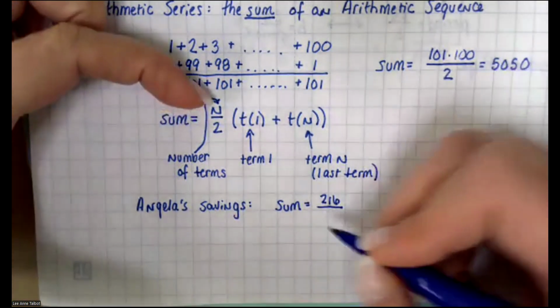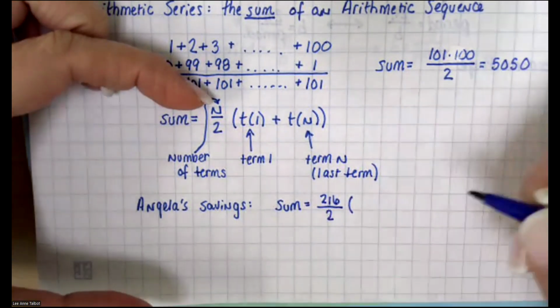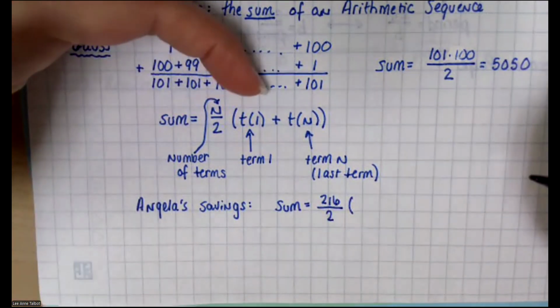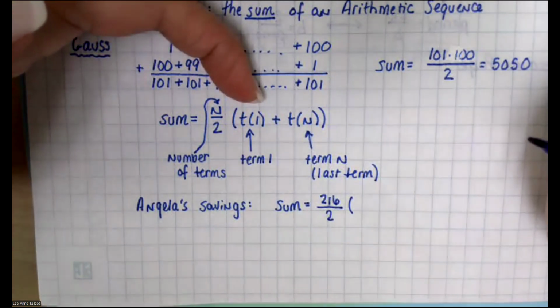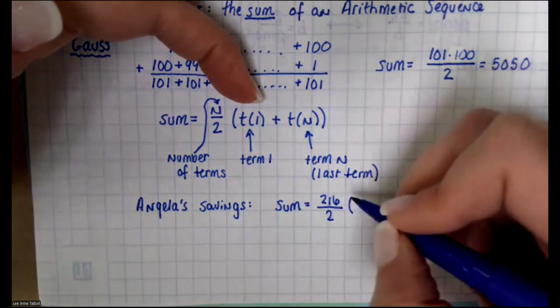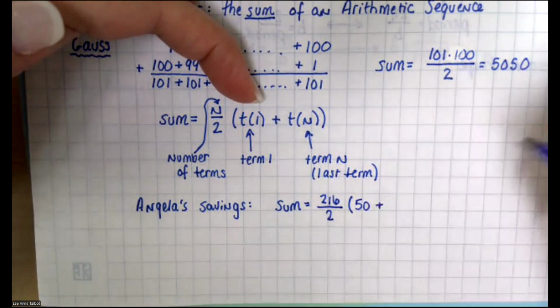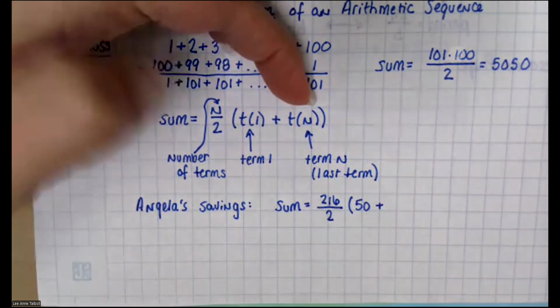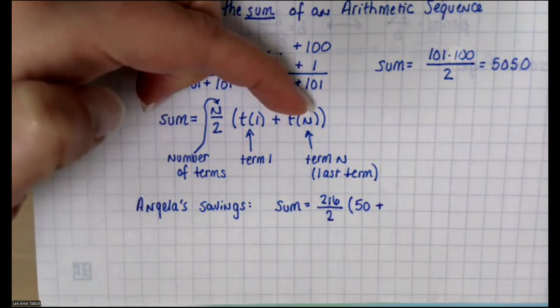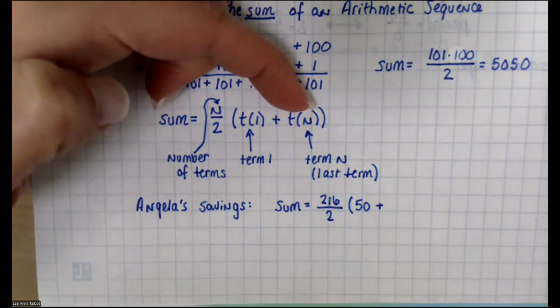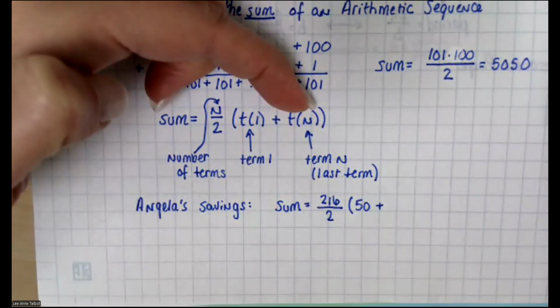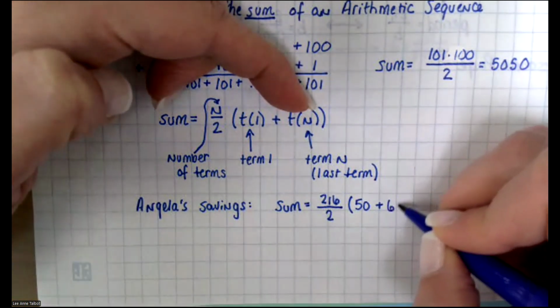Okay, so that's over 2. And what was the first amount that he deposited? 50. And what was the last amount that he deposited? It's also back in your number 1. Not in the first year, her 18th birthday. 695.